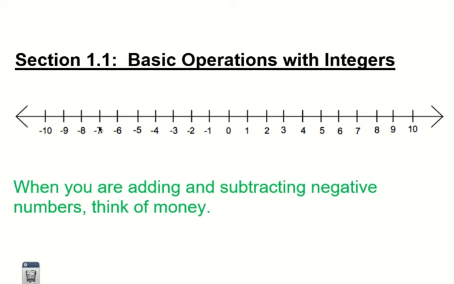Like negative 7 plus 3, I would go to the right, 1, 2, 3, and I would be at negative 4. So negative 7 plus 3 is negative 4. But on the contrary, negative 7 minus 3, I'd go to the left, 1, 2, 3. And negative 7 minus 3 is negative 10.